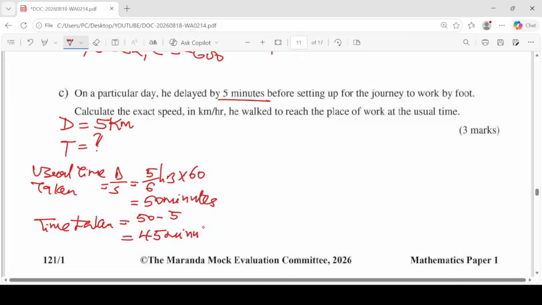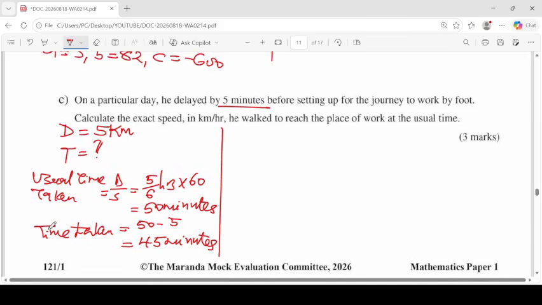This person has to use 45 minutes to reach school. And because the distance is constant and the time has reduced, the speed ought to increase.